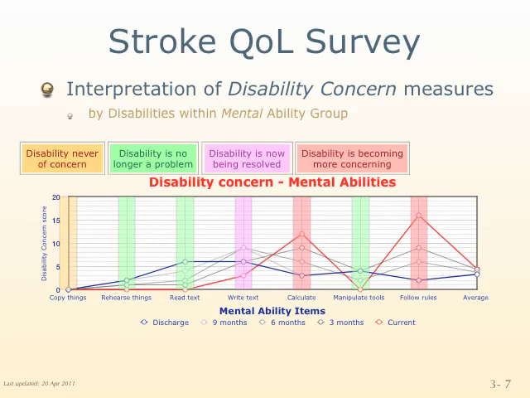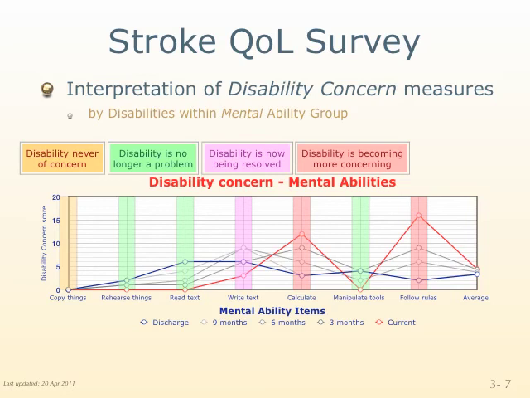Graphical presentations of the disability concerns of a stroke survivor, as illustrated here, give the therapist responsible for treating the stroke survivor's mental disabilities a clear picture of how the survivor's needs are evolving over time.